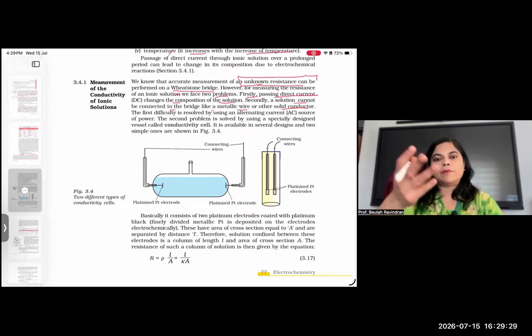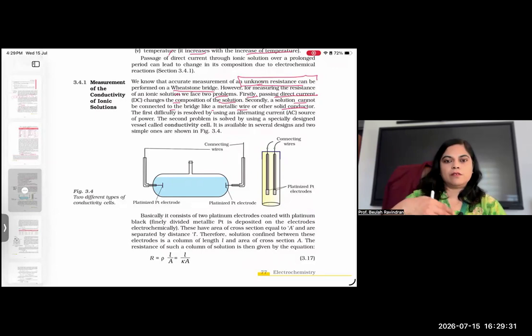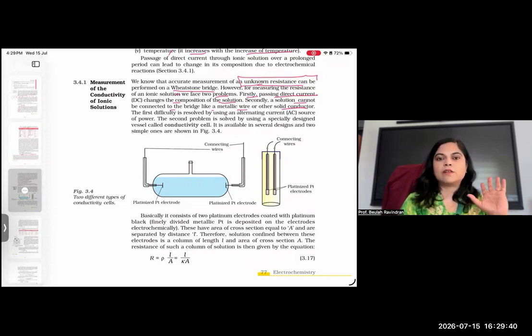What is the first difficulty? Passing DC changes the composition of the solution itself. Then how can you pass the battery supply, the power supply, to that? In the Wheatstone bridge, you are supplying the external voltage, but here passing direct current changes the composition of the solution. Then what is the second problem? A solution cannot be connected to the bridge.